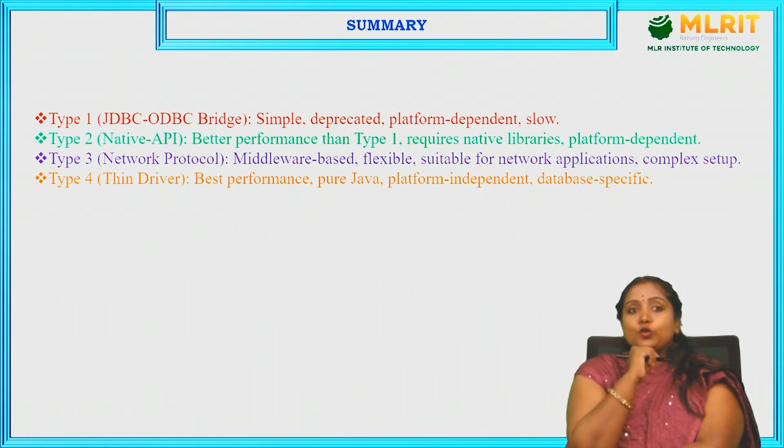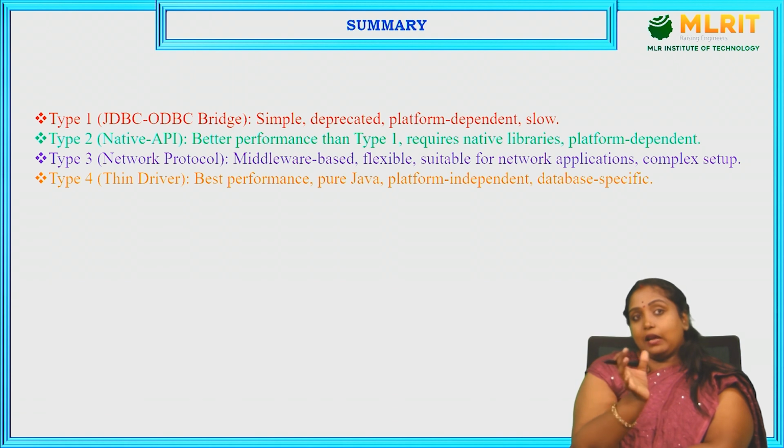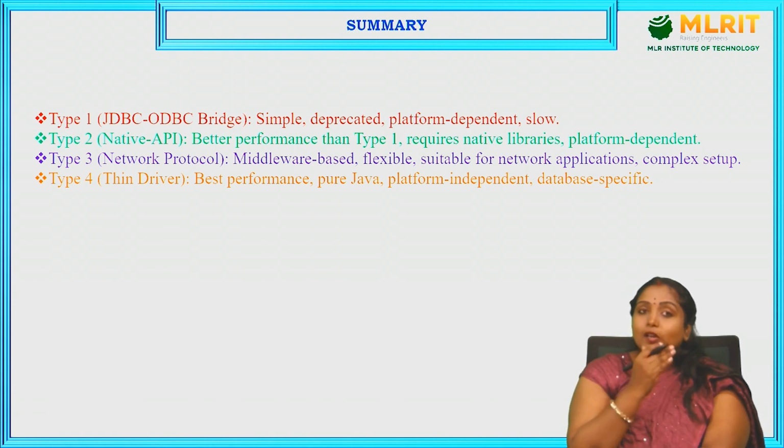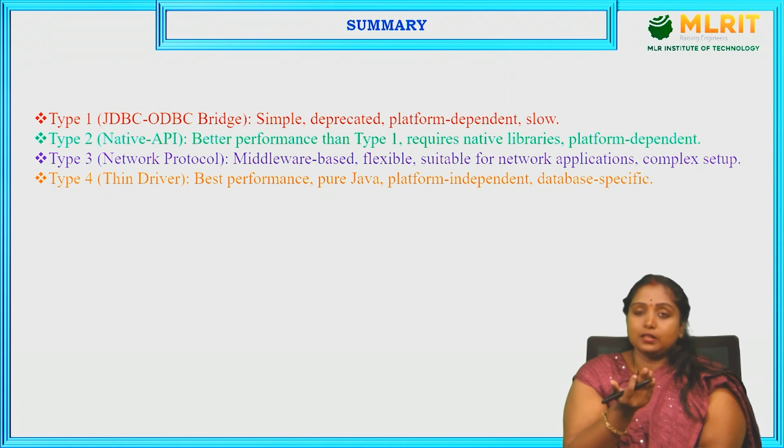Coming to the type 4 drivers, the thin drivers, they give you the best performance, they are pure Java, and they are platform independent. The drawback is that they are database specific. So you need to install that database specific driver before using the JDBC connection.